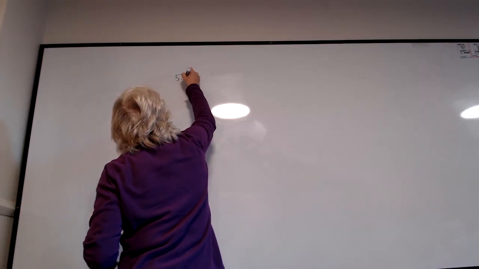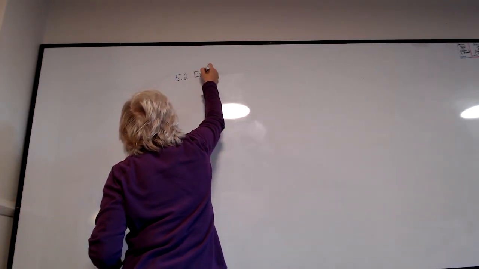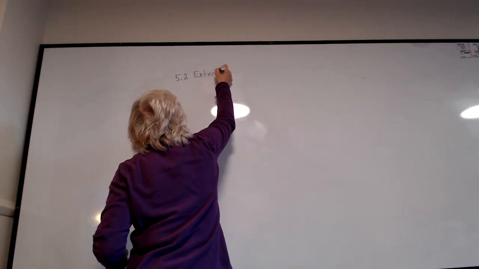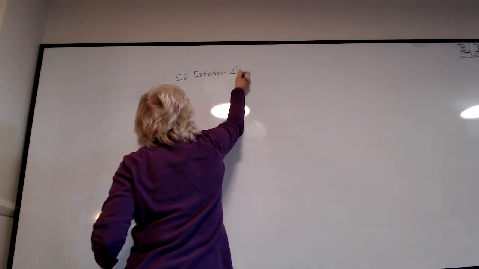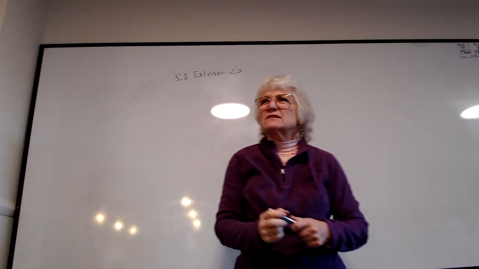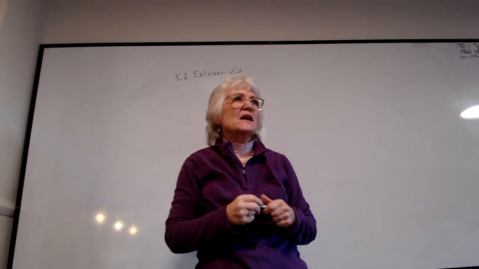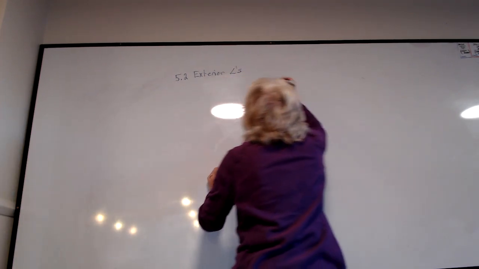Okay, we are going today to look at, in 5.2, exterior angles. Okay, so just from the word exterior, what do you think that means? I should say exterior angles of a triangle.